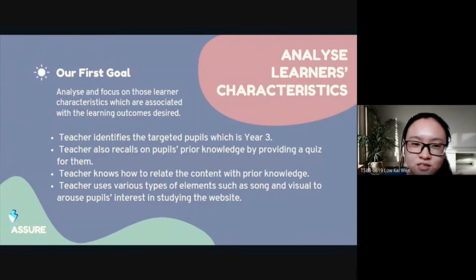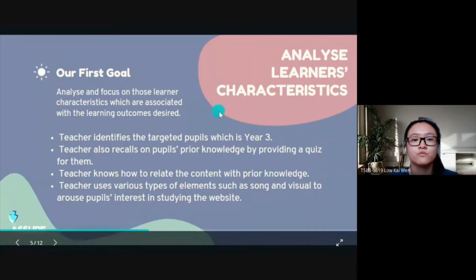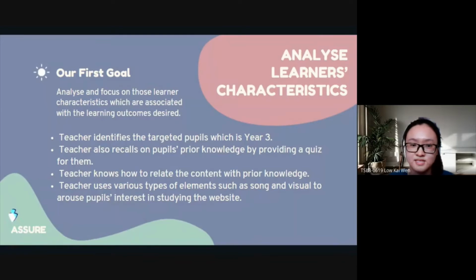Okay, thank you, Aish. So the first part of ASSURE is to analyze your learners' characteristics. In this stage, a teacher has to analyze and focus on the learners, which are our students, and their characteristics which are associated with the learning outcome desired.